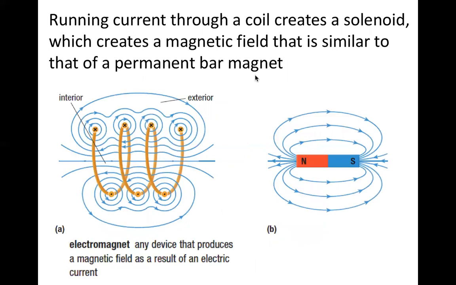Running current through a coil creates a solenoid, which creates a magnetic field that is similar to that of a permanent bar magnet. So each piece of wire is gonna have these clockwise magnetic field lines.